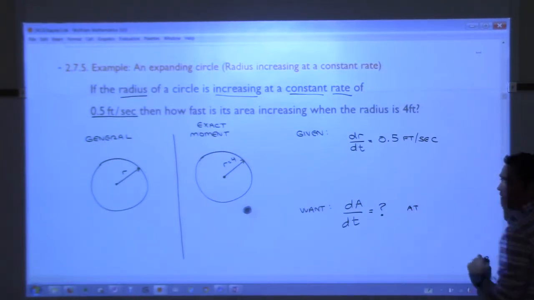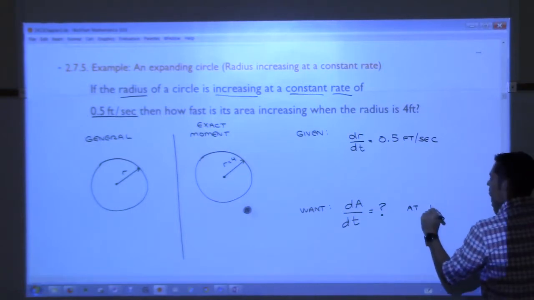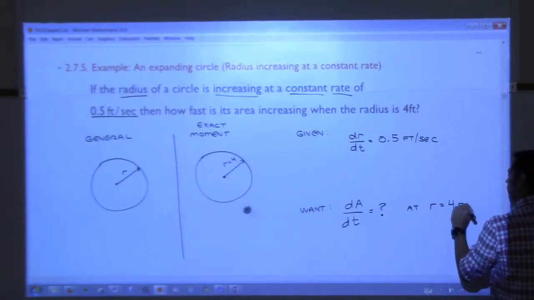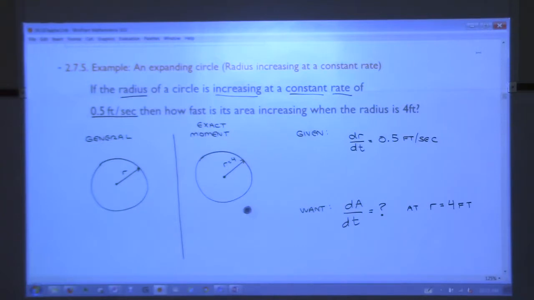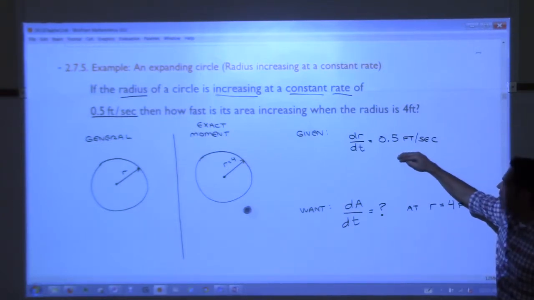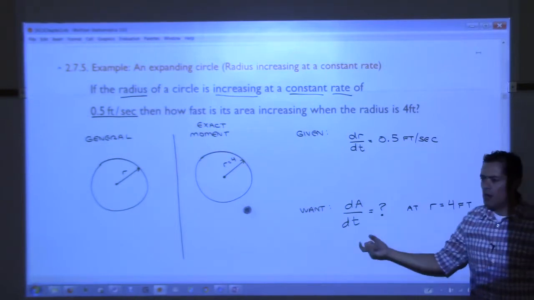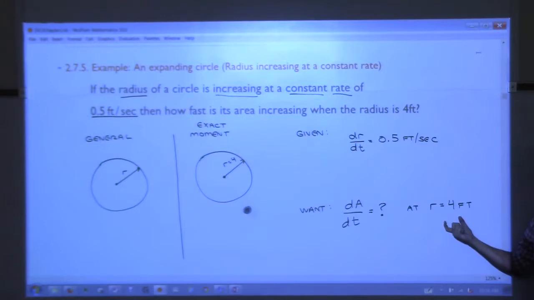At r equals 4 feet. I know the radius is growing at 0.5 feet per second. I want to know how fast the area is changing at exactly the moment that the radius is 4 feet. Yes? But I know I can't plug 4 into my formula because that will fix everything, right? I think we have enough to get started.